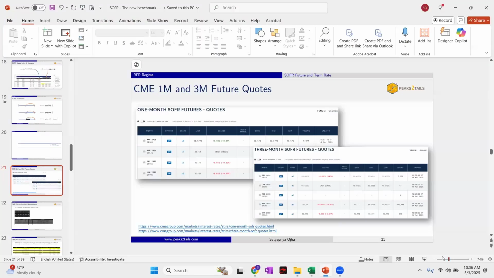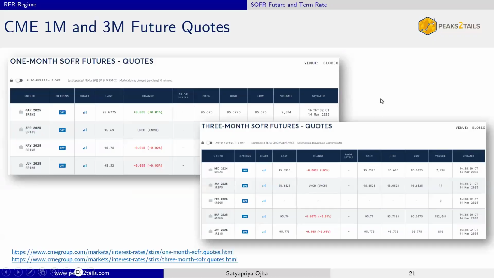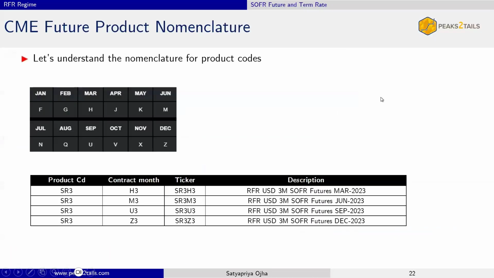So let me explain to you the basic valuation of SOFR futures. Before that, we need to understand the nomenclature. So how do we read the SOFR future? There are two things. One is called product code, which is either SR3 or SR1. SR3 means 3 month future. SR1 means 1 month future. This is the complete ticker description as we saw on the website.